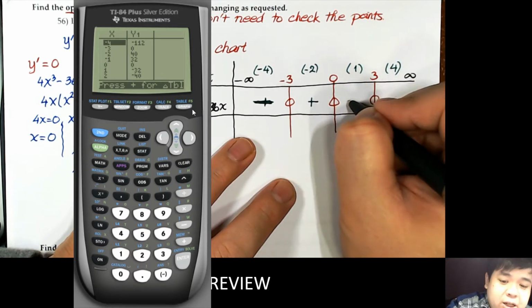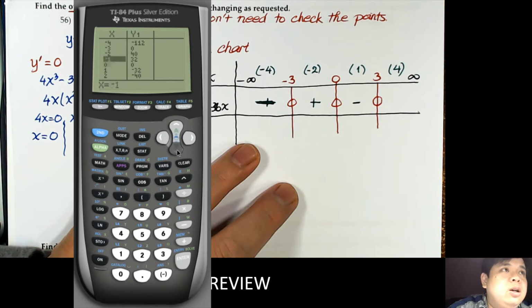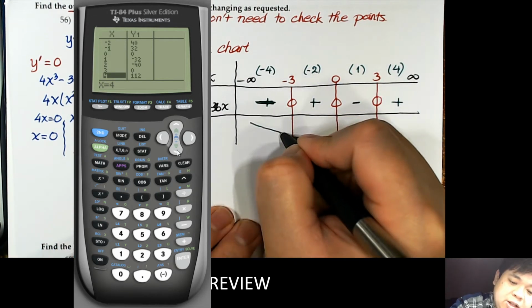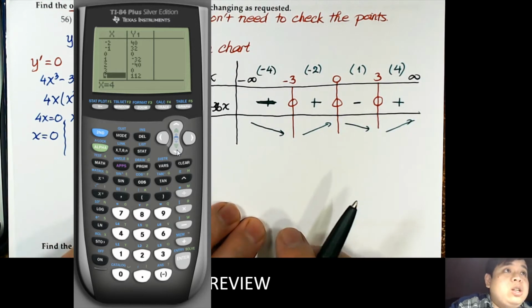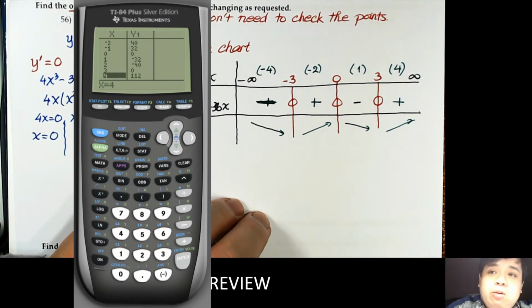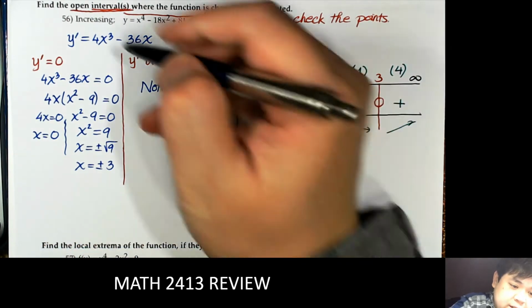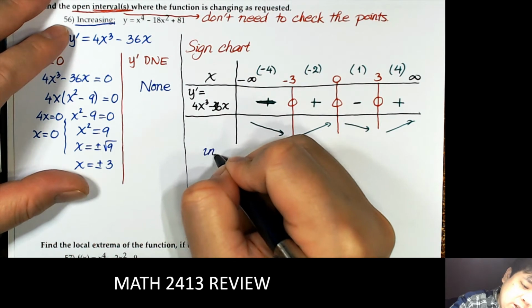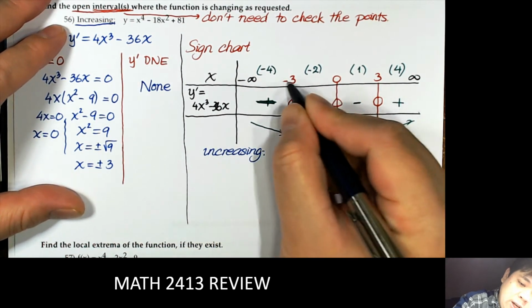At 1 is negative, and at 4 is positive. So negative is decreasing, positive is increasing. And the question asks us where the function is increasing. So we say increasing here and here.